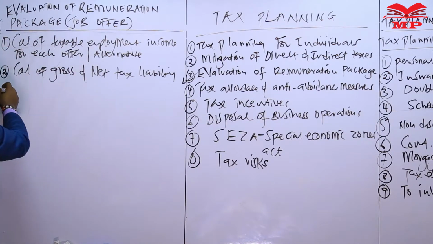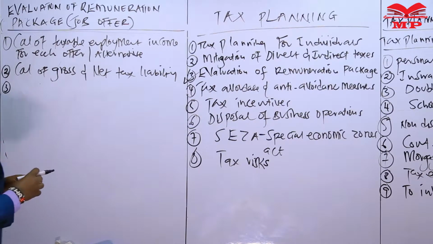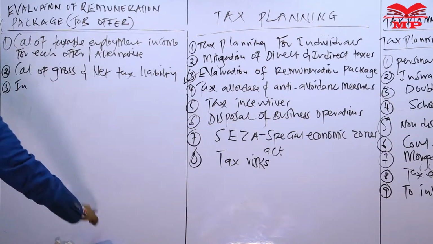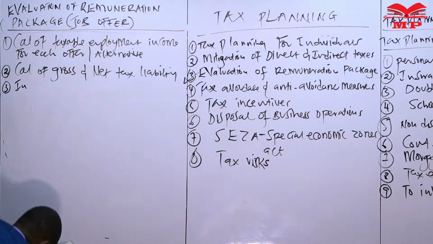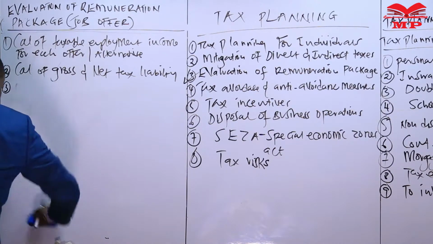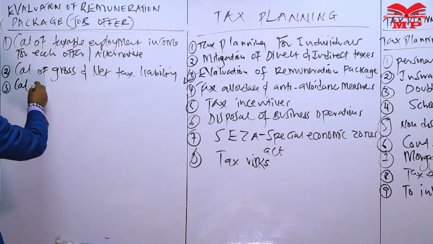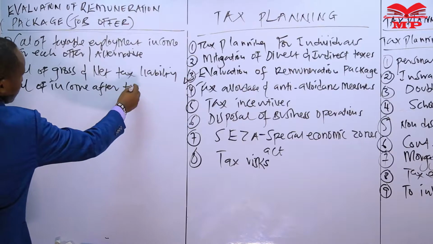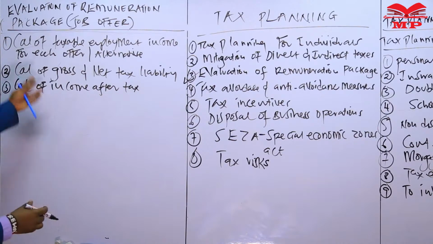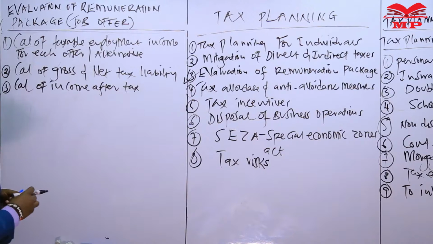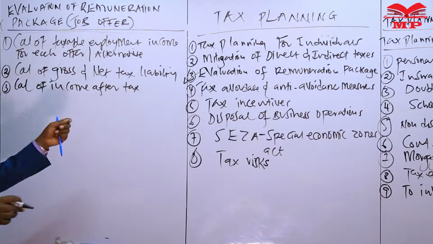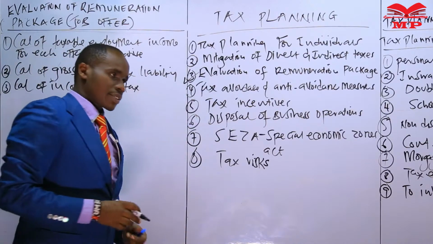Then number 3, we need to calculate income after tax. And income after tax will be, we get this taxable employment income, we subtract the gross and net tax liability, we get again income after tax.